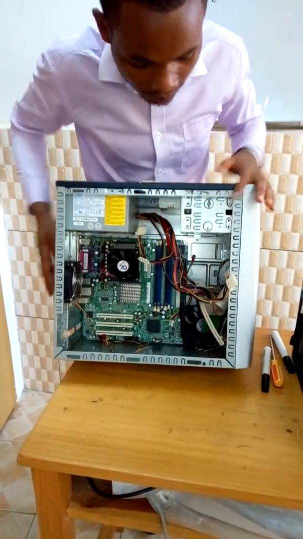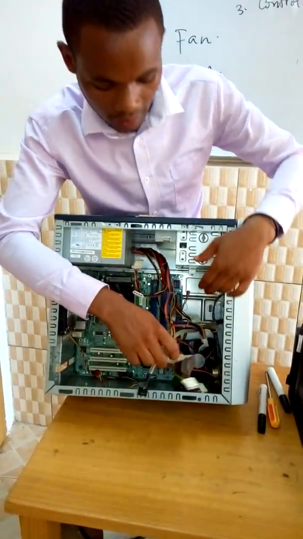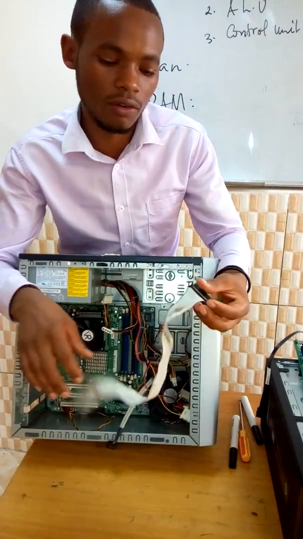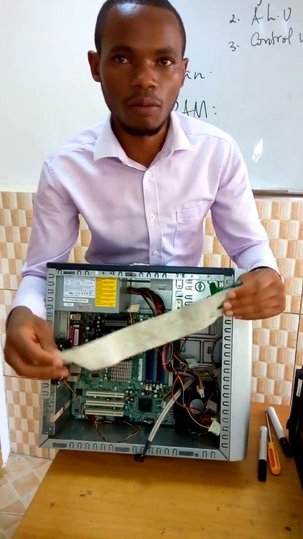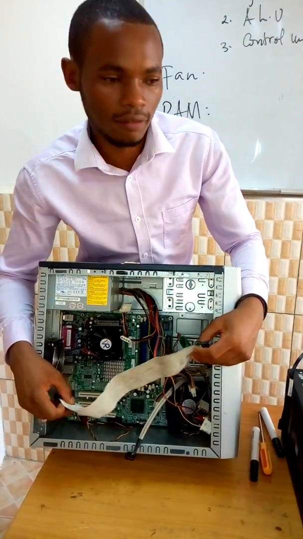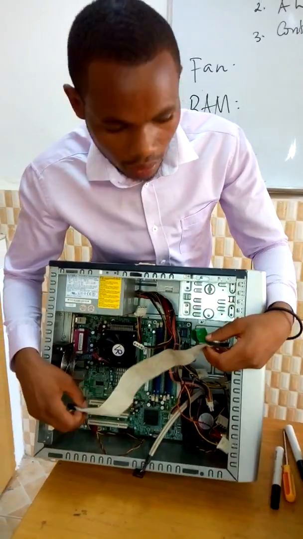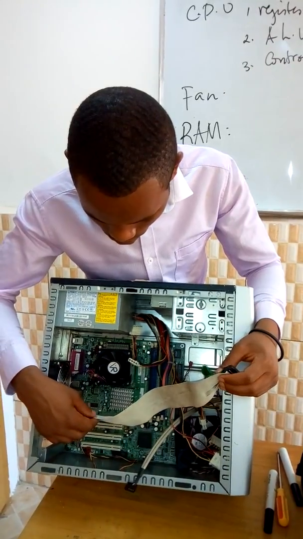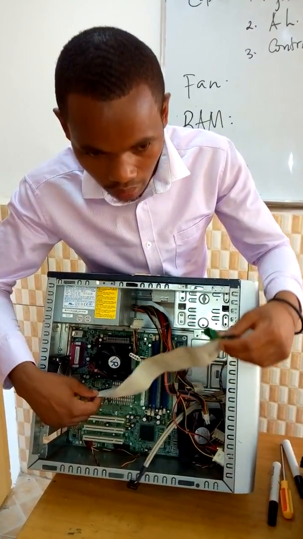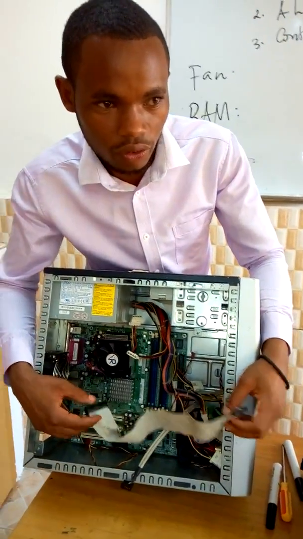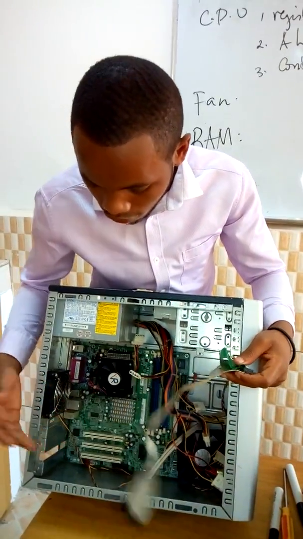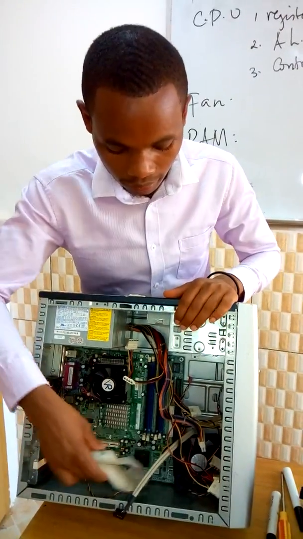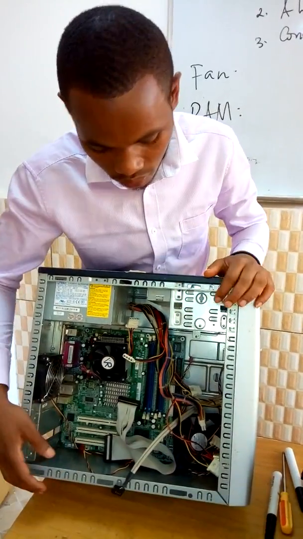And let's talk about cables. Here inside we have the data cable, which is responsible for transferring data from one device to another, for example, from the hard drive to the motherboard, and the motherboard to the CPU, of course, for execution, or from a floppy disk or from the CD drive.